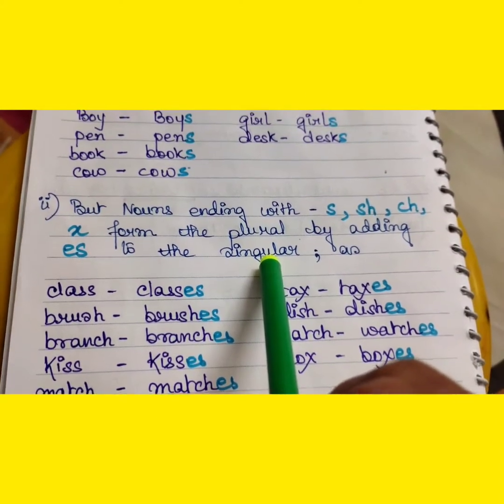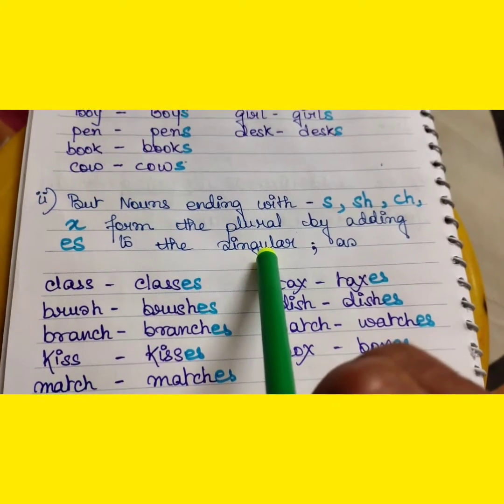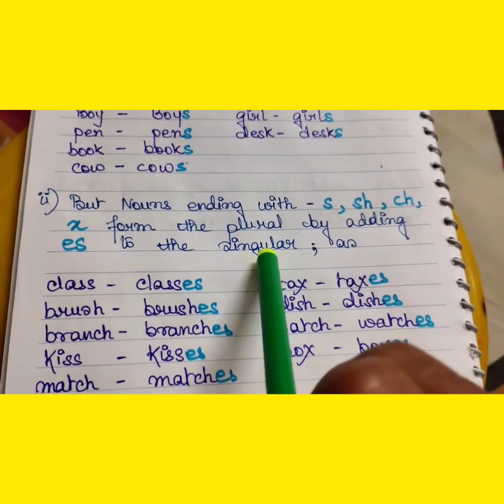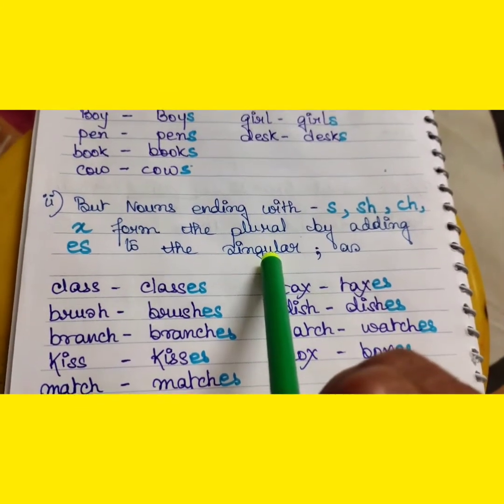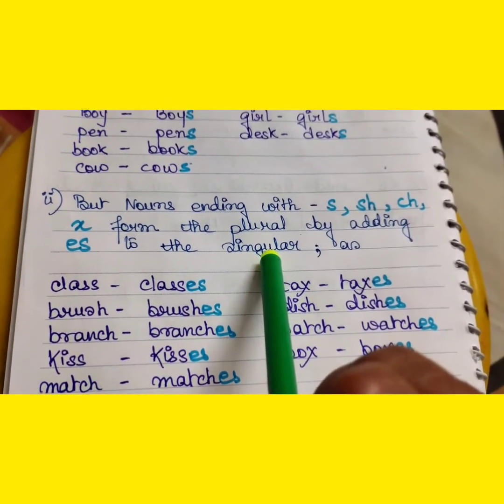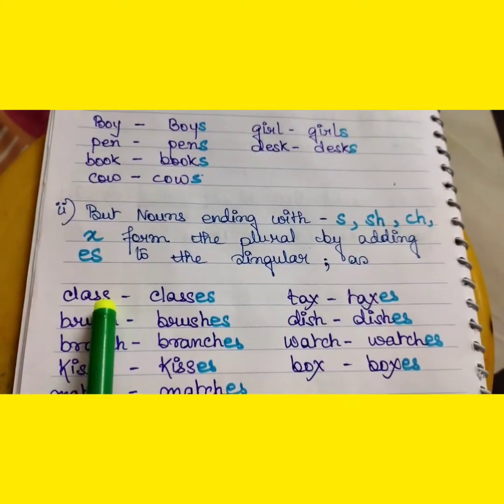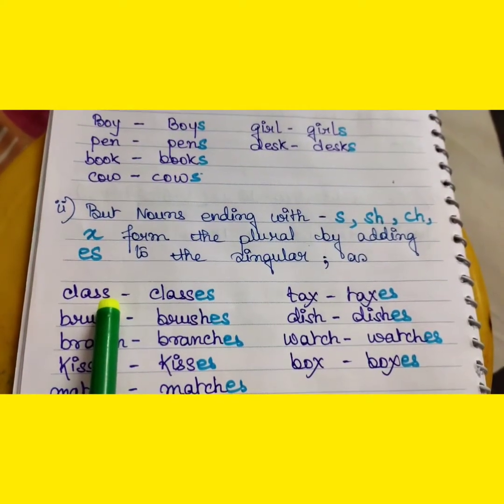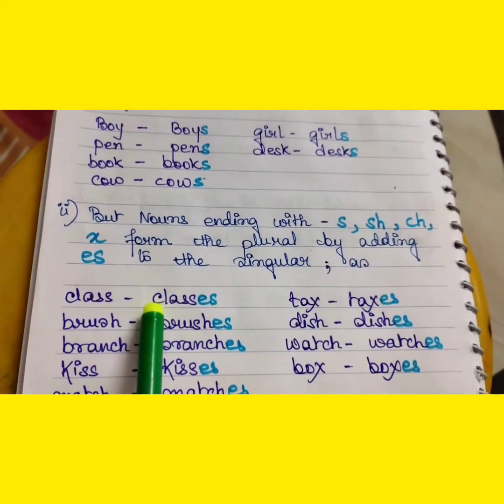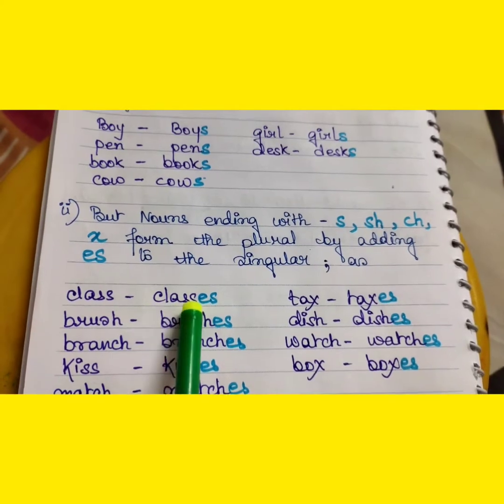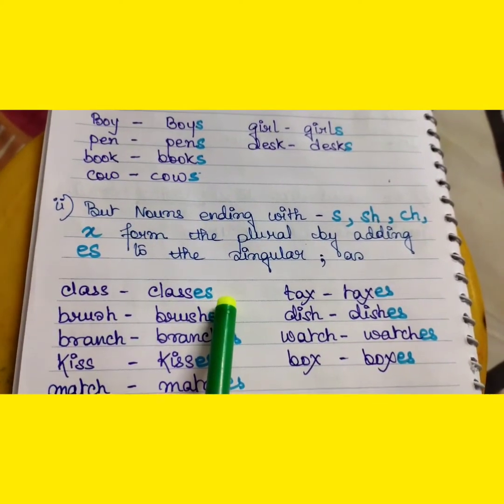That means any noun which is having s, sh, ch or x at the end of the word will change by adding es. So let's see. Class, it is having s at last, so it is changing into es. Class spelling will be as it is, just es will be added to it.